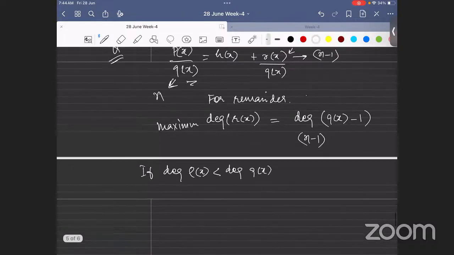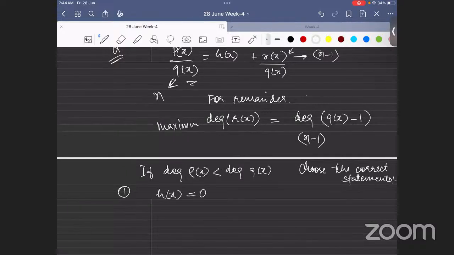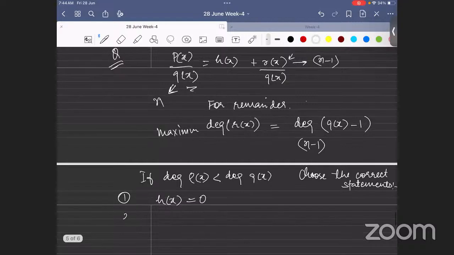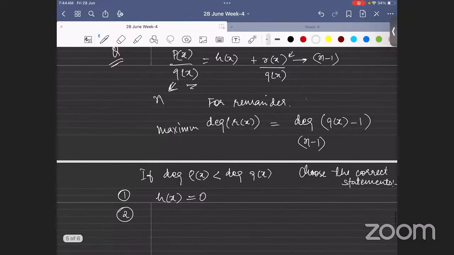One of the statements is that hx equals 0 can occur. How can we divide it if the px degree is less than qx? This is what I'm asking. If you have been given something like that, which of the options can be correct?